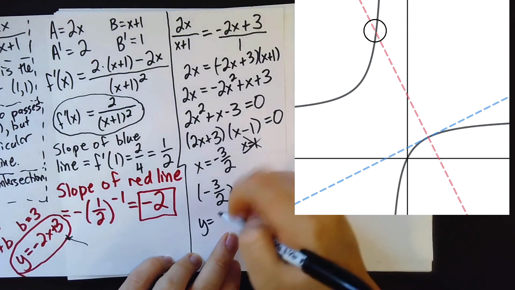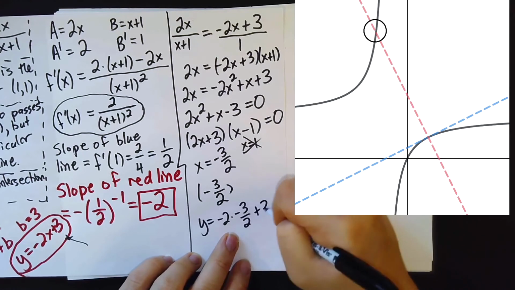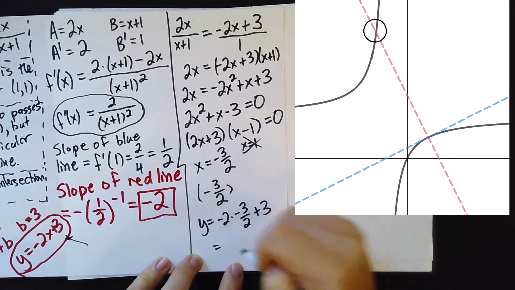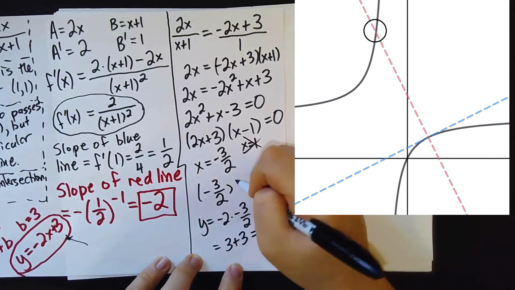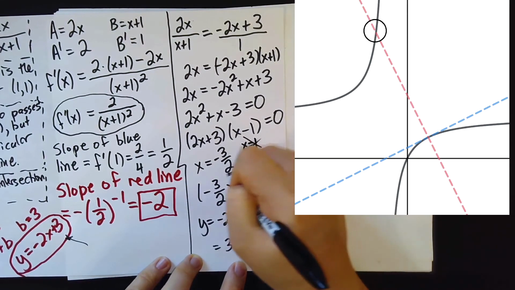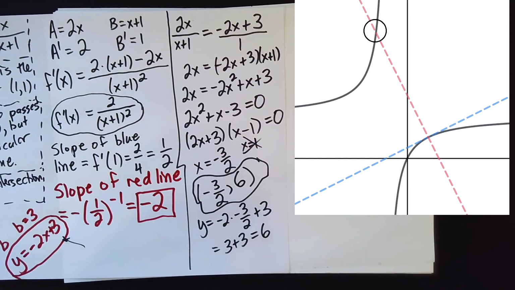That is, I will get minus 2 times minus 3/2 plus 3, which is 3 plus 3, which is 6. Okay, and so my final answer for the coordinates of that point is (-3/2, 6).